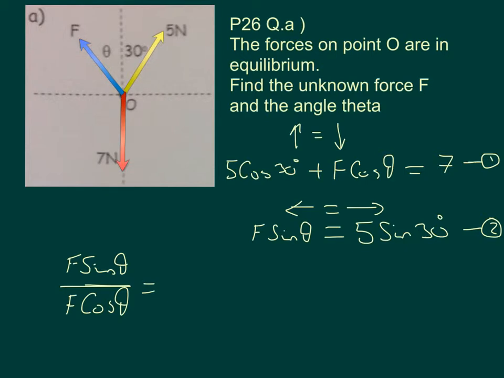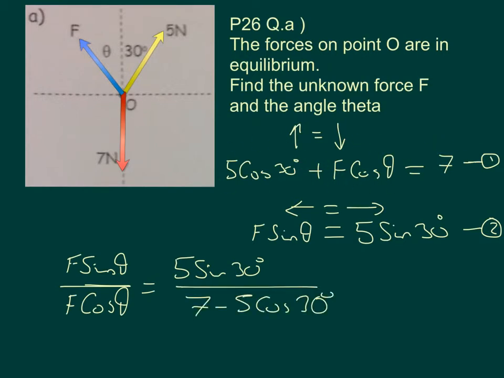The F sine theta is dead easy because F sine theta just equals this. And the F cos theta, if I isolate this, I'm going to get 7 minus this. And so we end up with F sine theta over F cos theta equals this thing. Now these are all numbers, the 5 sine of 30 over 7 minus 5 cos 30. These are all just numbers, so this side equals a number.